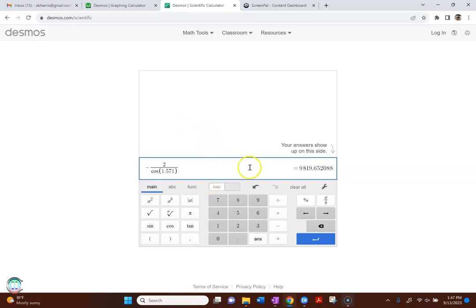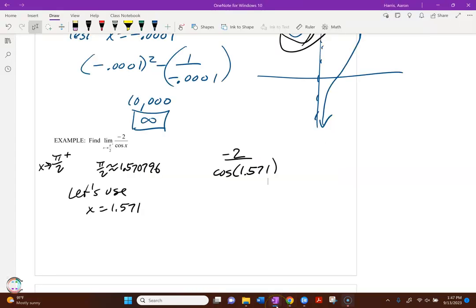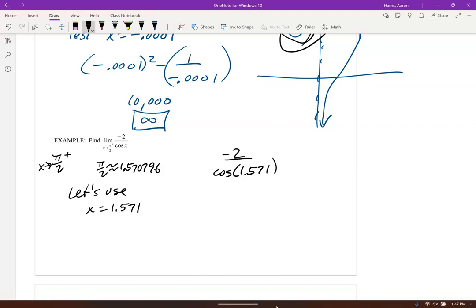There we go. Make sure you're in radians there. You get 1896.52. And again, if you did a little closer, you'd shoot up even higher. So that's a big value. Let's go ahead and write that back in here. So you conclude that thing's shooting you to infinity.